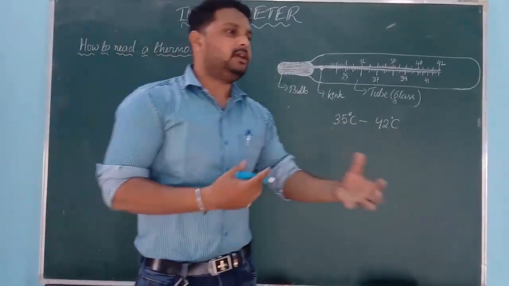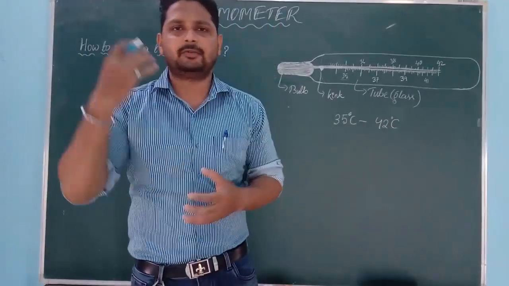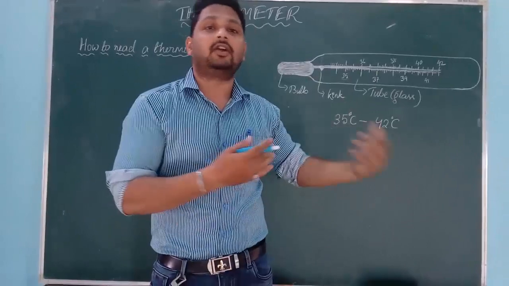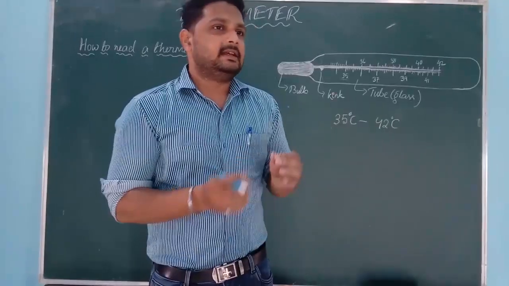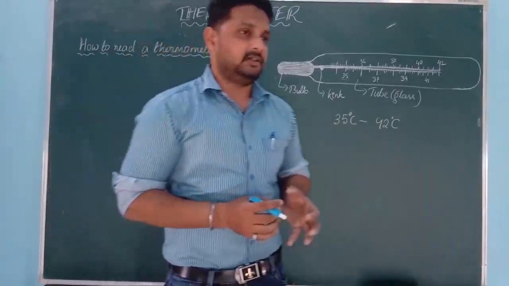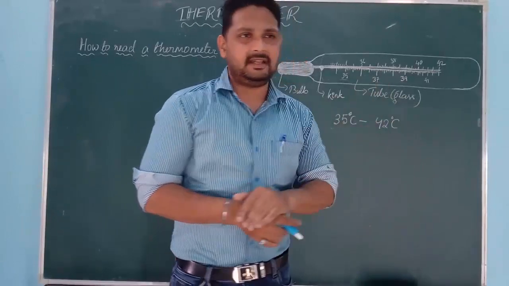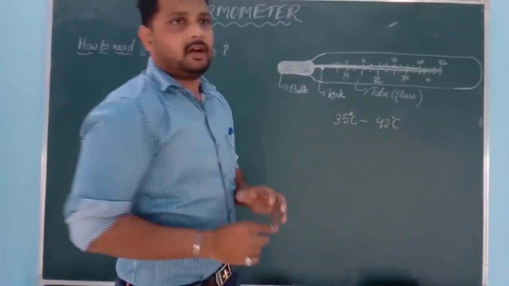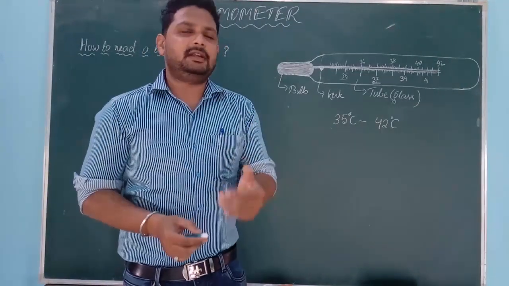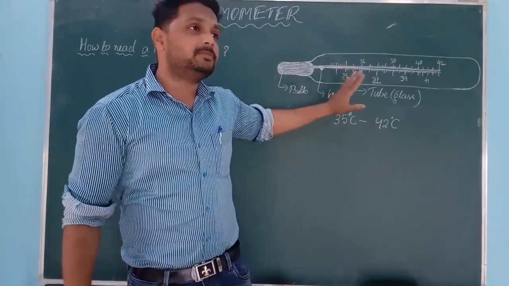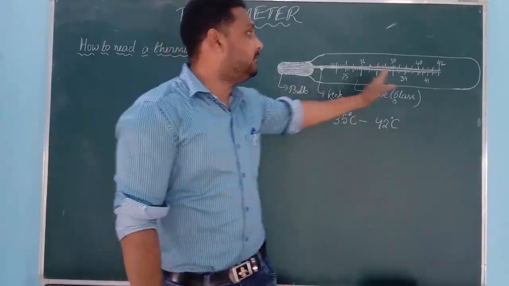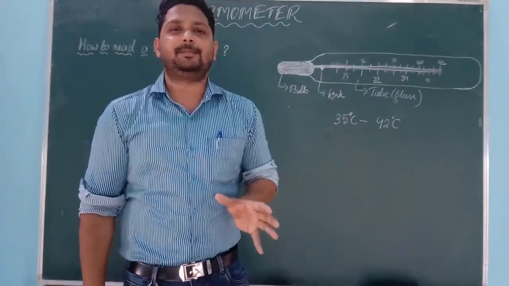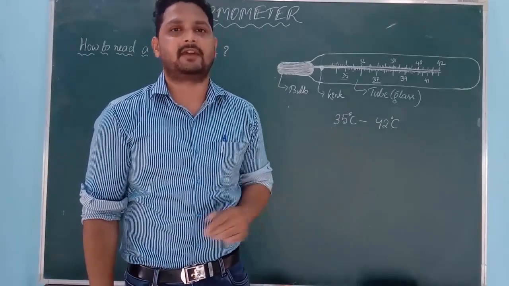Well, you might think: why is the range from 35, not from 0? The reason is the normal body temperature for human beings is 37 degrees Celsius, right? So this part is the normal body temperature on average. If the body temperature goes below 35 or above 42, in both cases there is hardly any possibility that the person will survive.